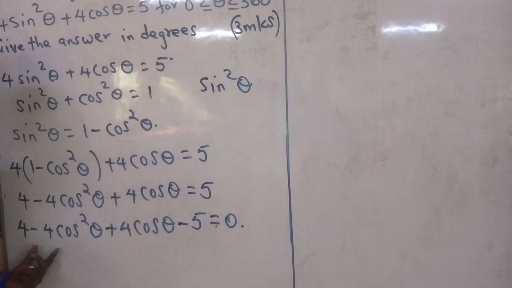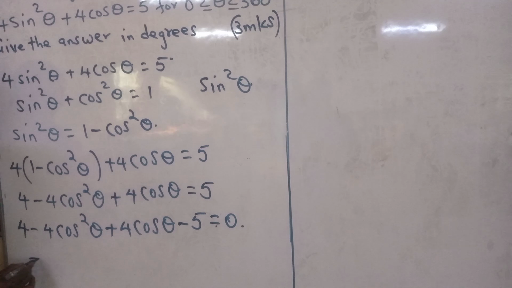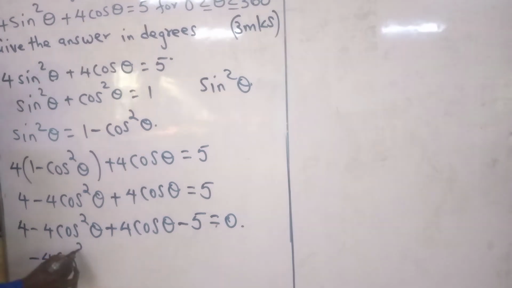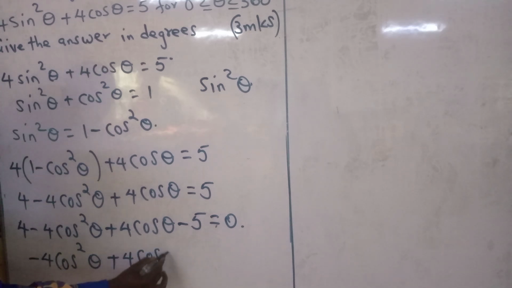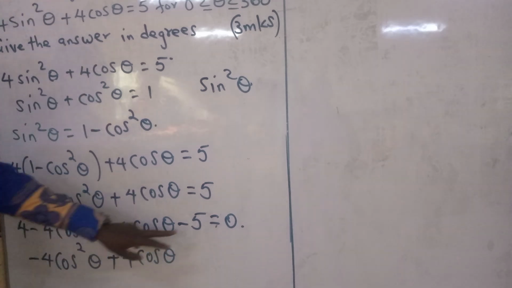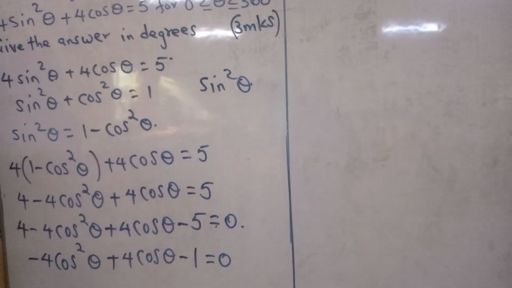Having that, we can start with the highest degree, that is degree 2, and we will have minus 4 cos squared theta plus 4 cos theta. 4 minus 5 is equal to negative 1. Minus 1 is equal to 0. So reaching that point, we can now divide both sides by negative 1.